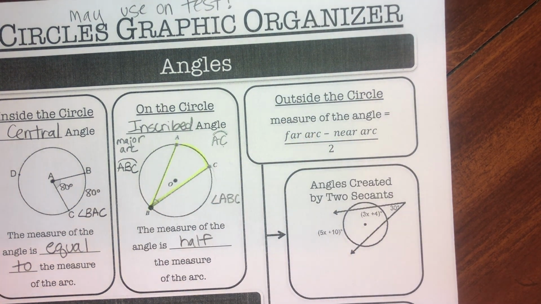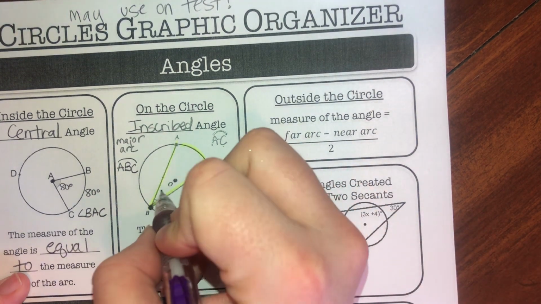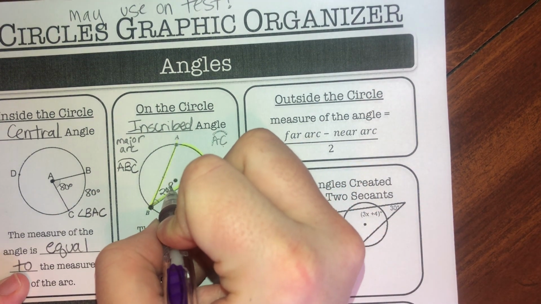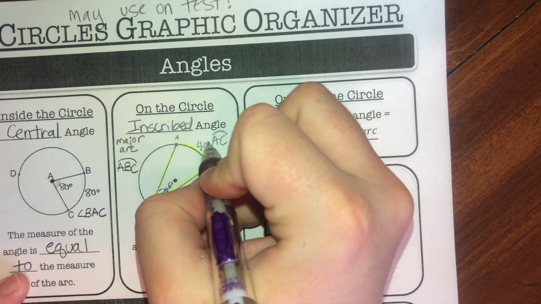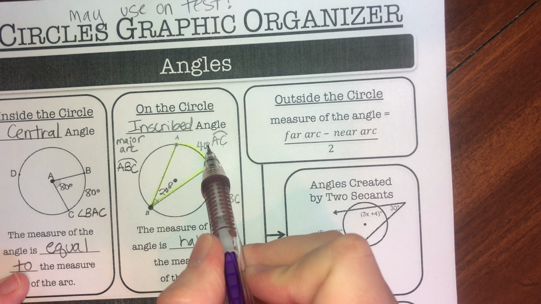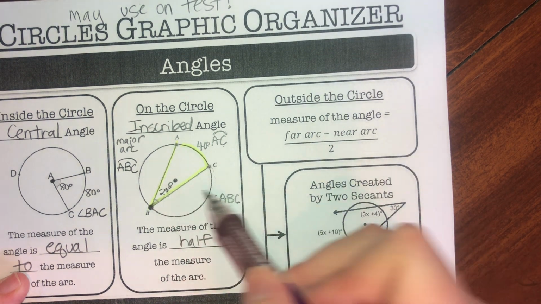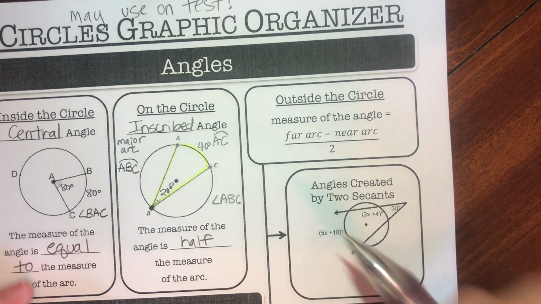That minor arc is going to be double what the angle is. So if this angle is 20 degrees, then the arc would be 40 degrees. Or you could go the opposite direction: if the arc was 40, half of that is 20 for the angle. So that angle is always going to be the smaller one of the two.